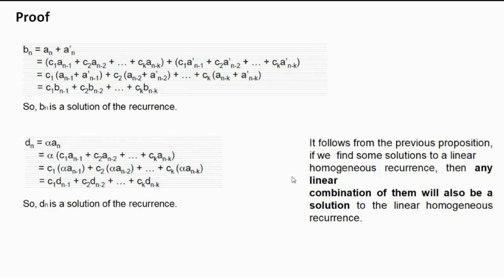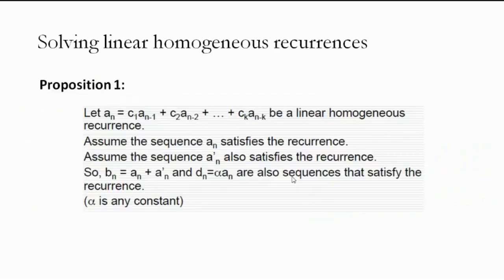C1 is also multiplying with the same value, C2 also, C3 also, everything is multiplying the same value. So which is of no difference. Which is again giving you C1 Dn minus 1. So again this elaboration is giving you An is equal to C1 An minus 1 like that.